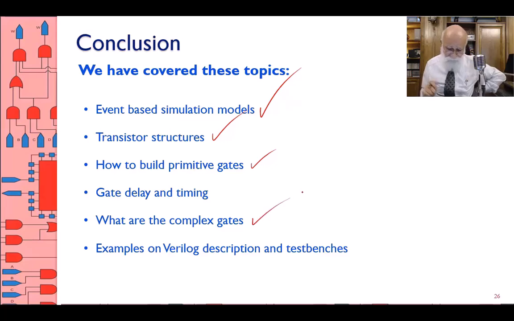We talked about complex gates, and then we took a little example using transistors or gates or whatever, generated a test bench, and that was the overflow circuit that we developed back in the previous topic, which was on number systems. All right, this is done, and then we go up into expressions and Boolean algebra and logic circuits. No more transistors.